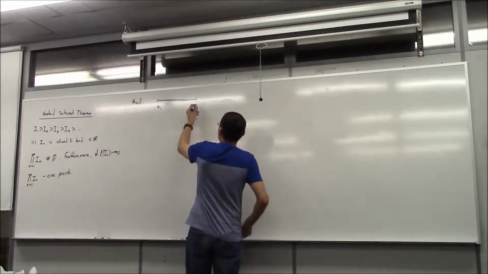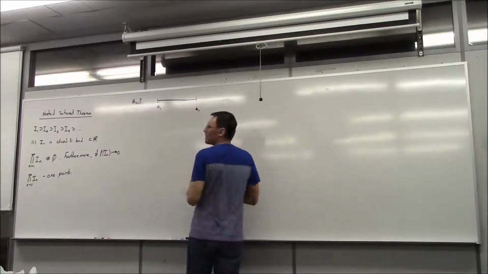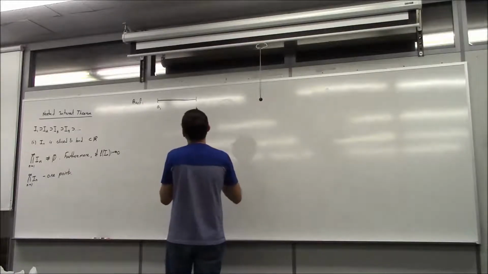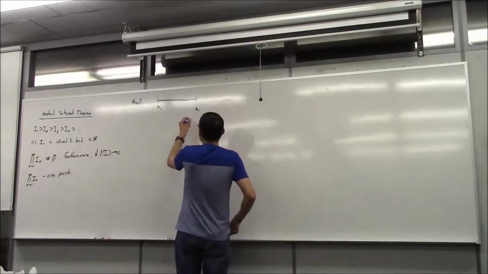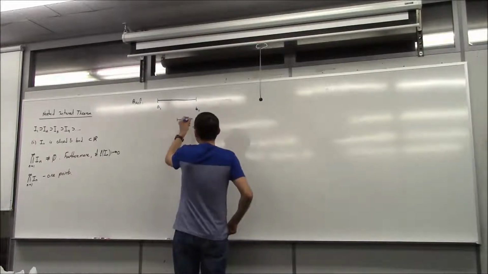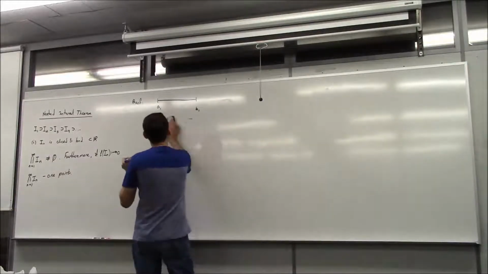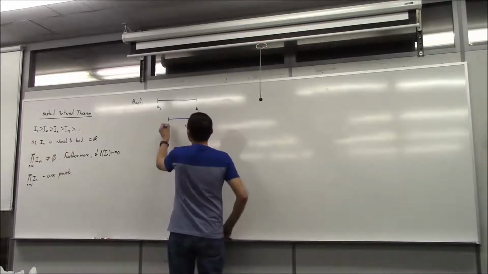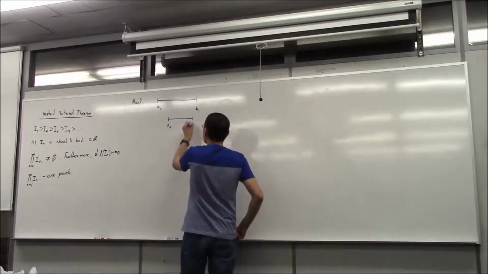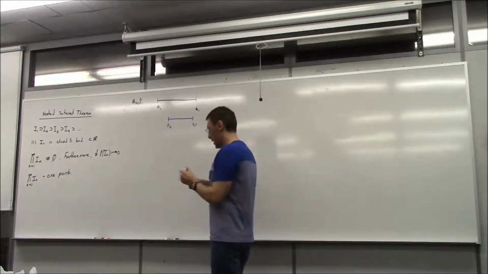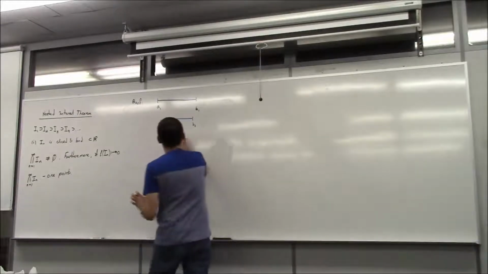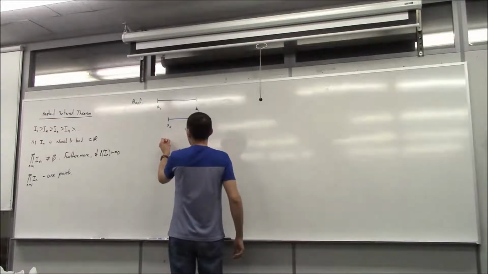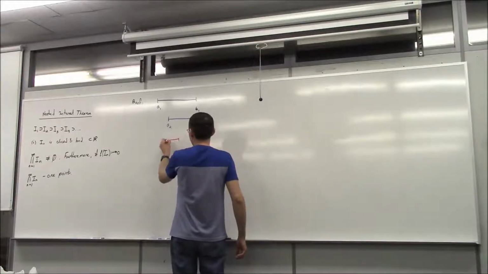The right hand point is B and the left hand point is A. Then I can draw a closed bounded interval within it, and the next interval is within that one.